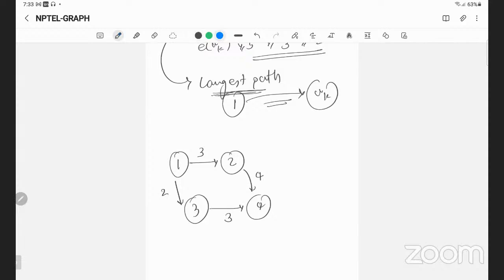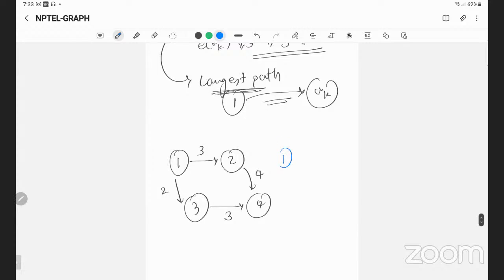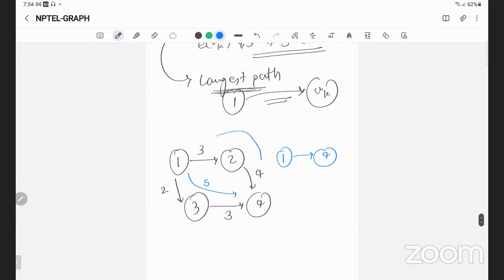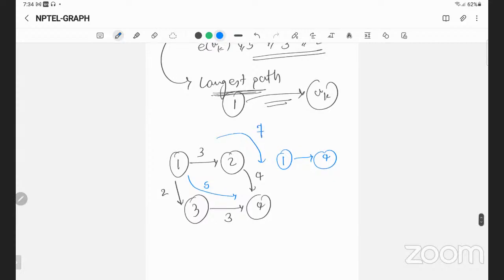So here, what will be the longest path from vertex 1 to vertex 4? If you go from this path, it will have weight 5. If you go from this path, it will have weight 7. So this is the longest cost path from 1 to 4, right?